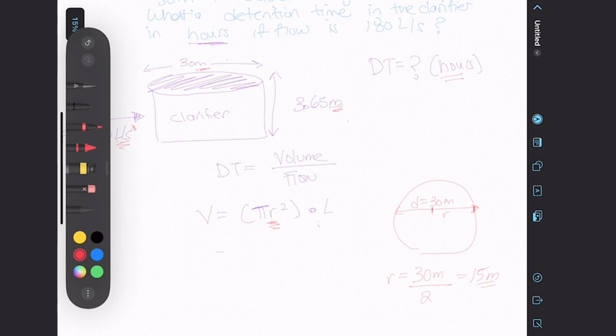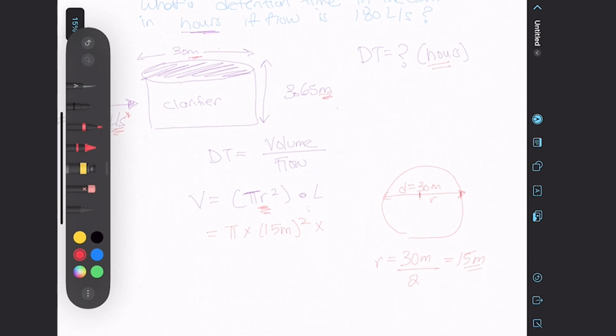So we can plug that into our formula. We have pi multiplied by our radius, which is 15 meters. No matter what the formula or the question is, I'm always putting in my units. Don't ever get lazy with something like that. That's where we see a lot of people make mistakes. You could do all this work, all these calculations, and then you miss a unit or get the wrong unit when you're plugging into the formula.